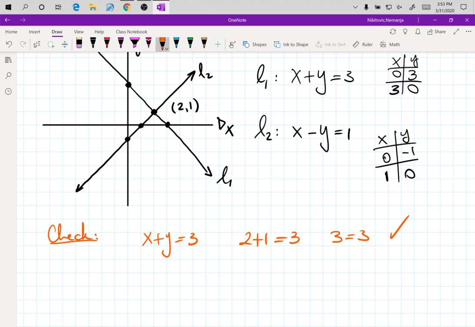Let's check the other equation. That's X minus Y equals 1. That's 2 minus 1 equals 1, 1 equals 1, good to go. So both of our equations worked as we checked, which means the problem is good, and we move on.